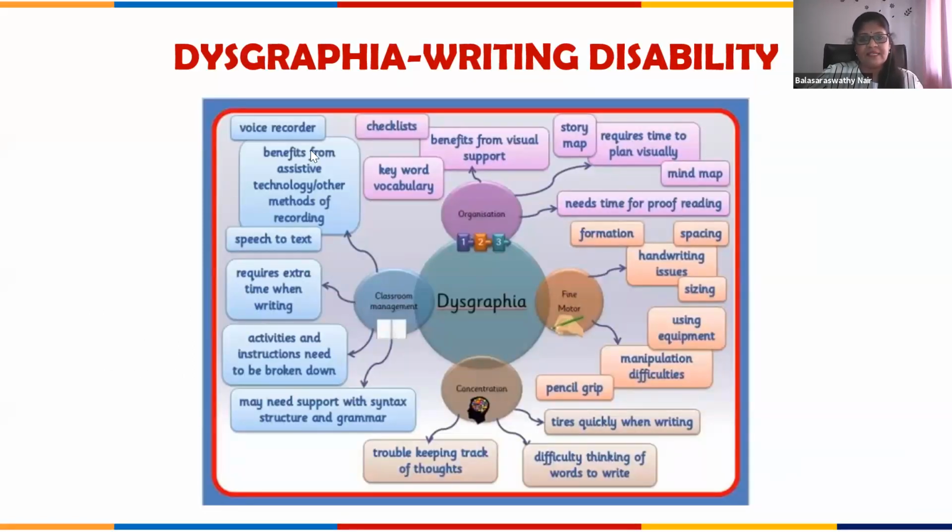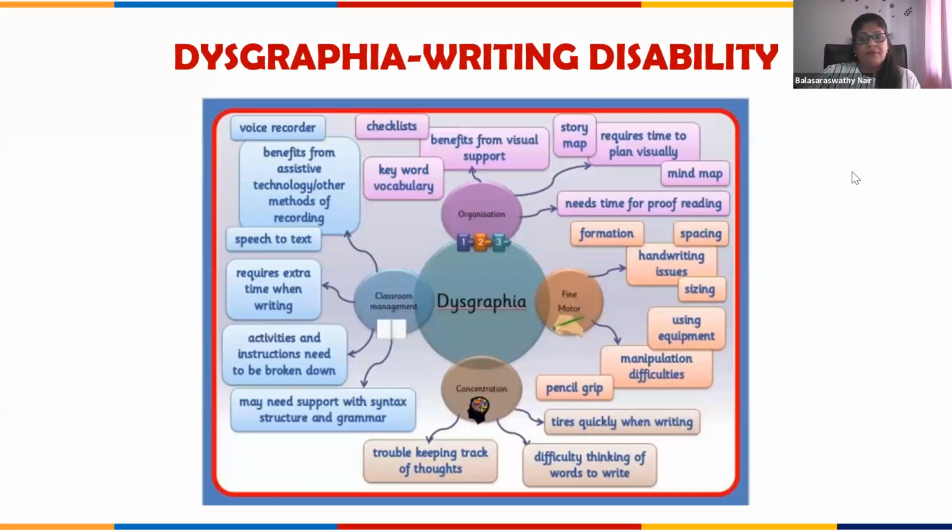For example, this is a very simple technique of showing what a mind map can be. The whole topic of dysgraphia is depicted in the form of a mind map. Now, as I said before, dysgraphia has to do with writing disability. All the kids may not have all disabilities.